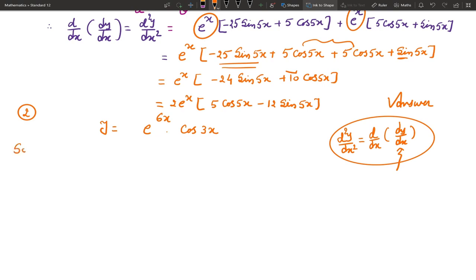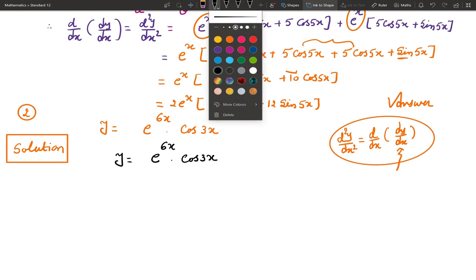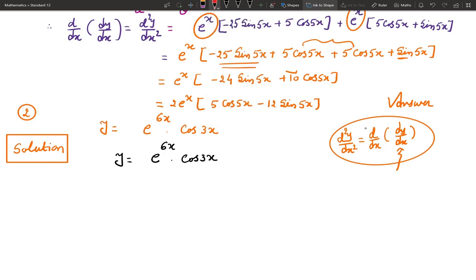Solution. y equal to e raised to 6x into cos 3x. Now when we differentiate the right hand side, again we have to use the product rule, u into v.